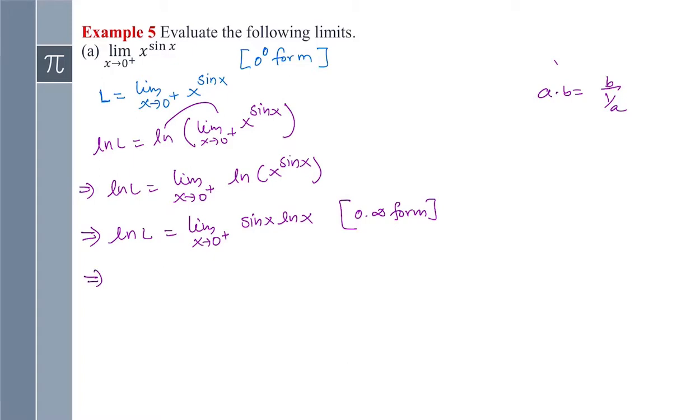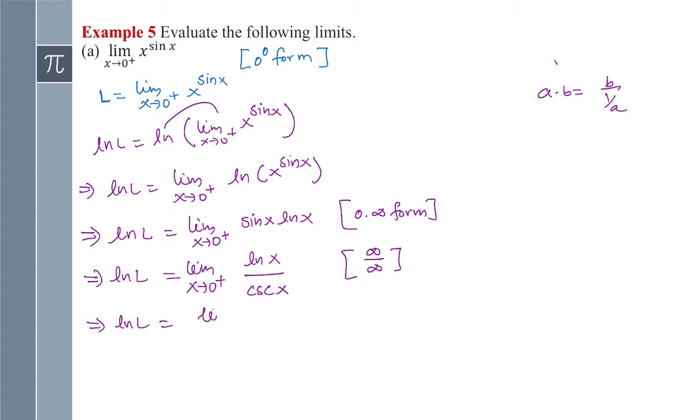So we can rewrite this as natural log of L equals the limit as x approaches 0 from the right of natural log of x over 1 over sine x, which means cosecant x. Now this is in the form infinity over infinity. So we can use L'Hopital's rule.